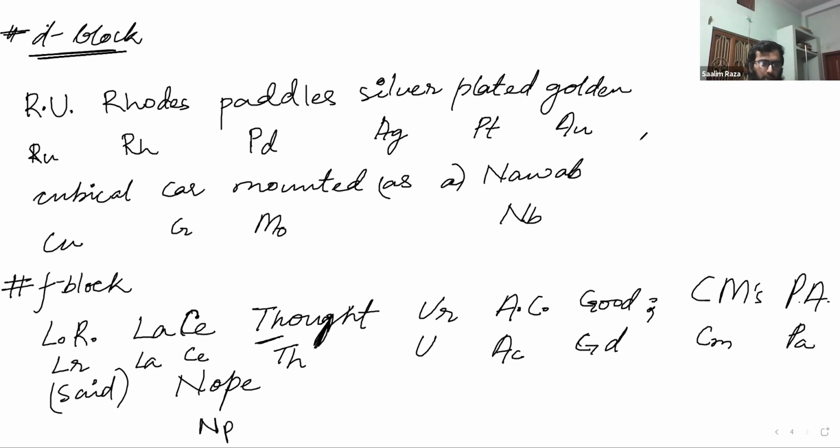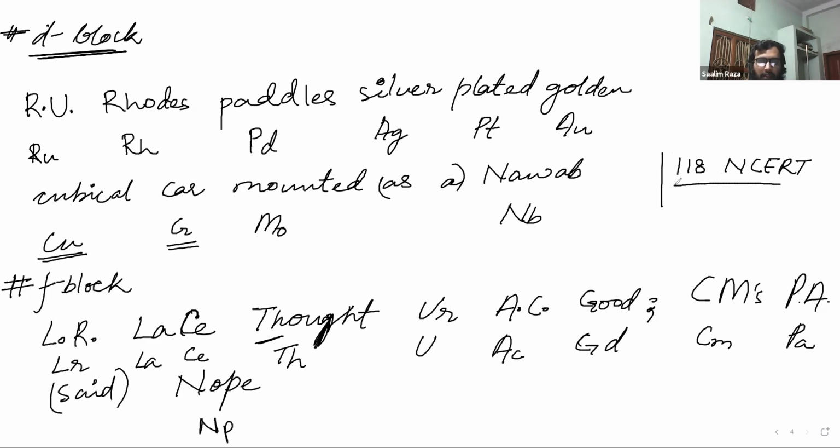I mean, usually this comes in entrance examinations, the exceptional electronic configuration. The only thing that usually comes in CBSE is about copper and chromium, but the electronic configuration of all the 118 elements has now been given in NCERT.